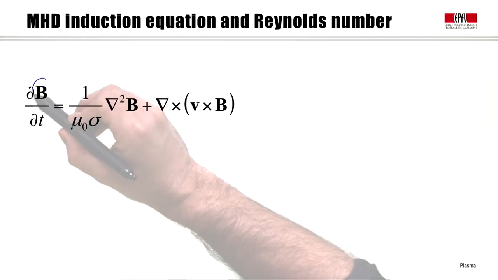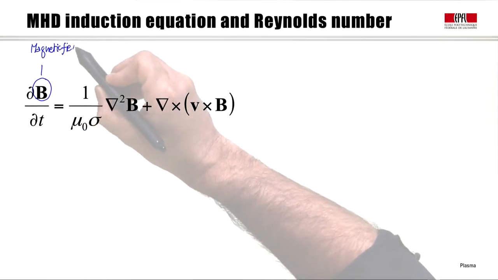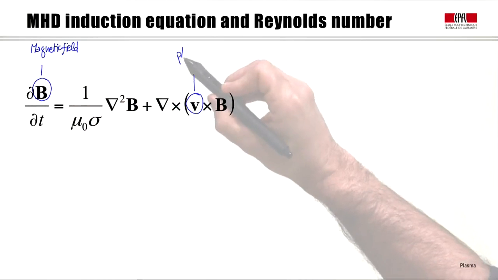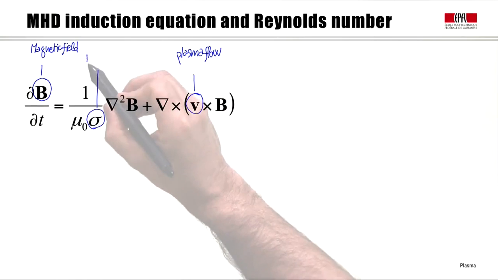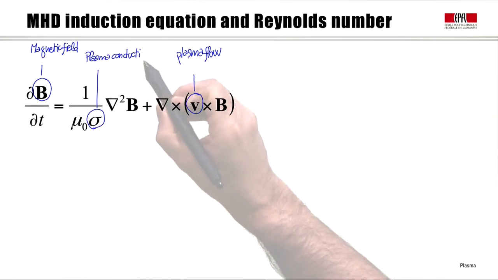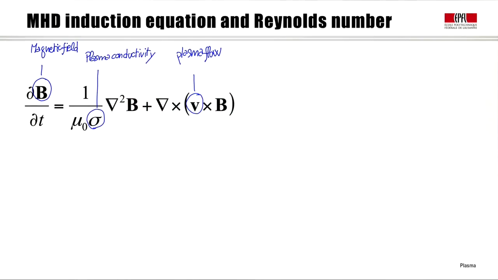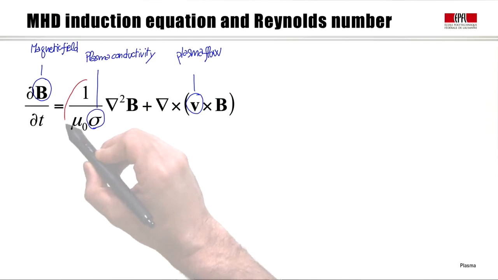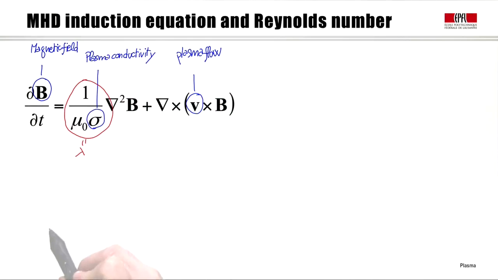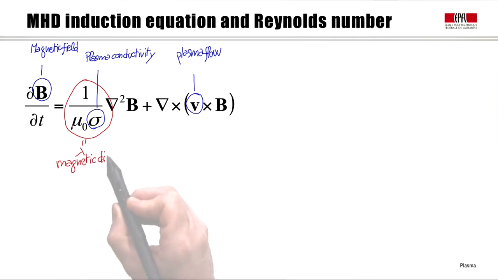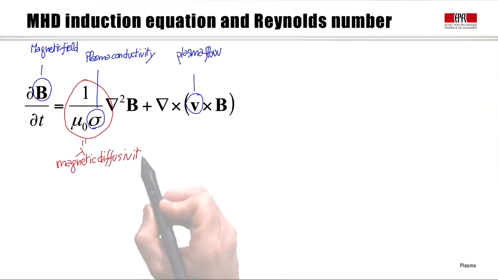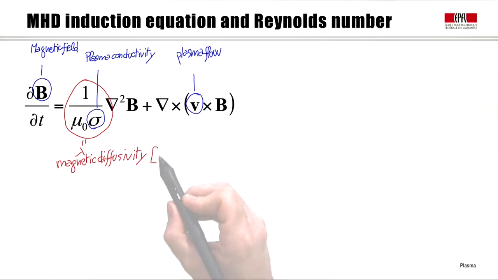In this equation, B represents the magnetic field, v is the plasma flow, and sigma is the plasma conductivity. This term, usually represented with the letter lambda, is the magnetic diffusivity, and in SI units it is measured in meters squared per second.